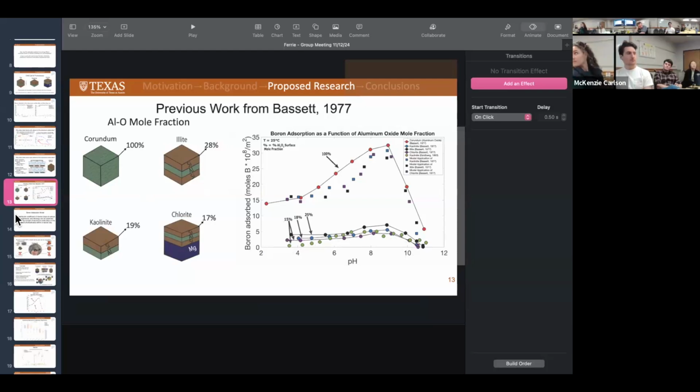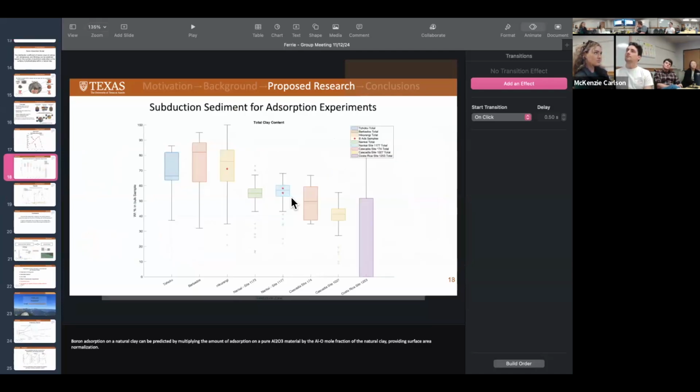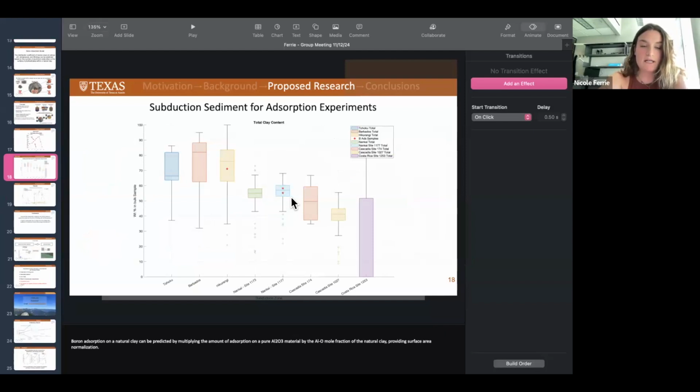Maybe a follow-up question. Have you tried testing along-strike samples? Is it going to be very different along the subduction zone, or more or less uniform? Yeah, so I haven't done any adsorption experiments along strike yet, but I have looked at the lithology along strike. For Nankai, these are two different drill cores along strike of the subduction zone, and they have a pretty similar clay percentage.